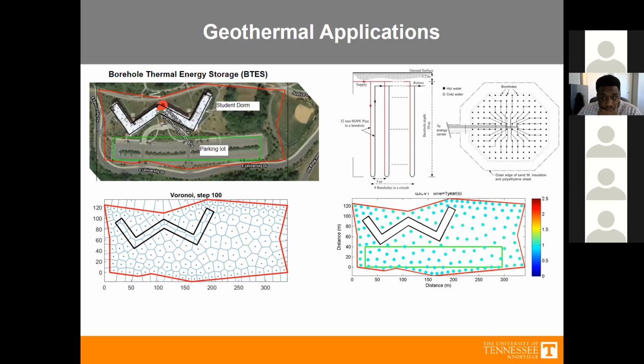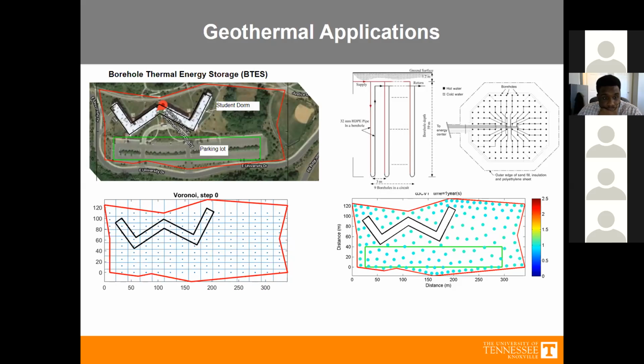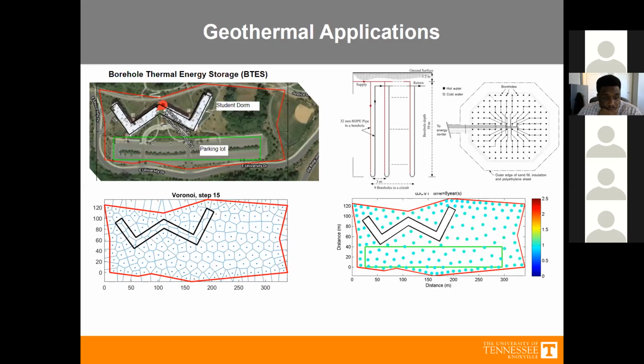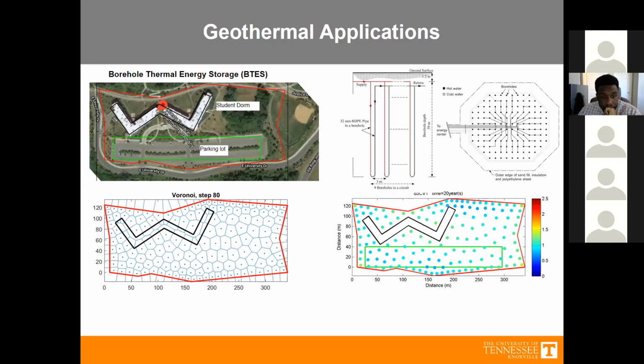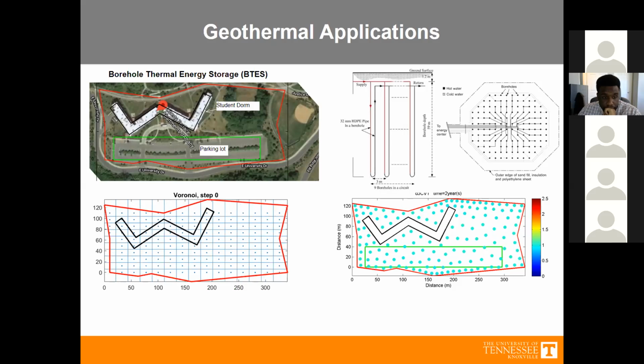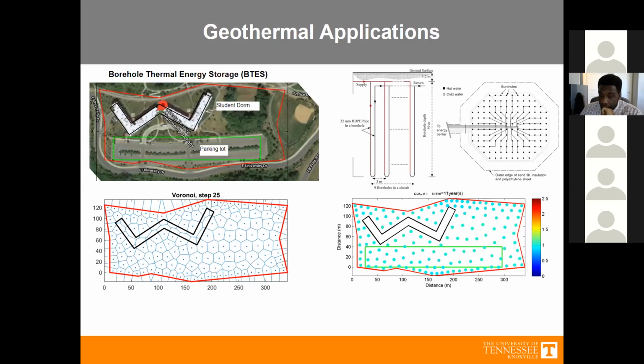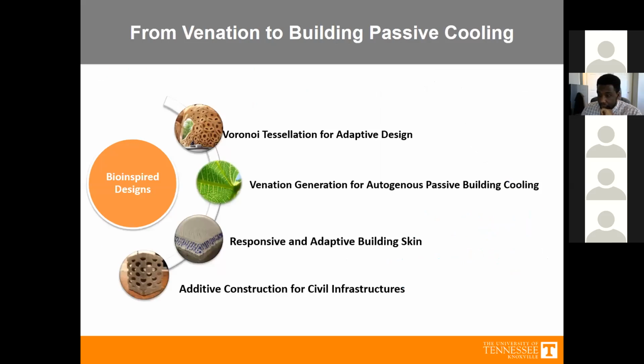So we have been using the CVT technique to help the design level out this temperature difference, in a way that over the 20-year period from the initial construction, the thermal piles will maintain a relatively uniform temperature, and at the same time give the maximum thermal output.